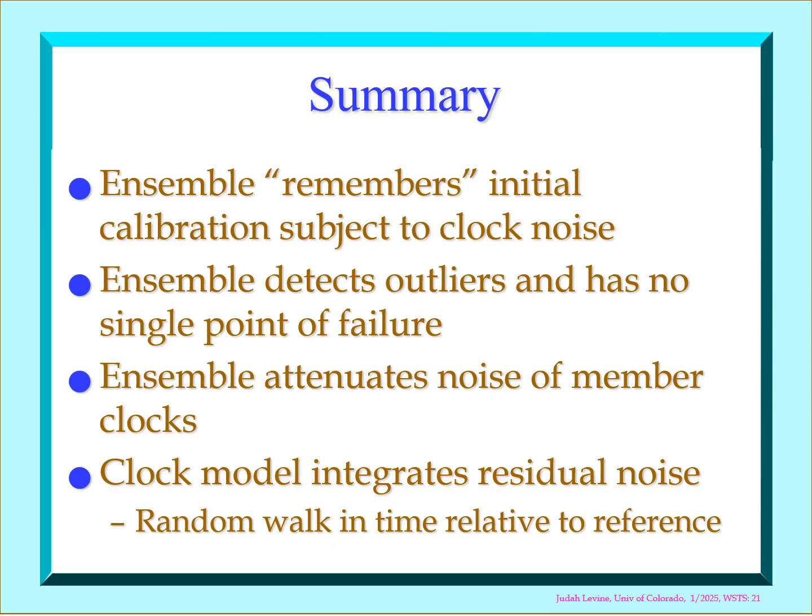The ensemble attenuates the noise of the measurement of the member clocks because it produces an average. If it's really frequency noise, then it's the average of all the frequency noise or the average of all the drift terms. On the other hand, the clock model integrates residual noise, and what that means is that the system is going to have a long-term stability or long-term instability that's difficult to deal with.